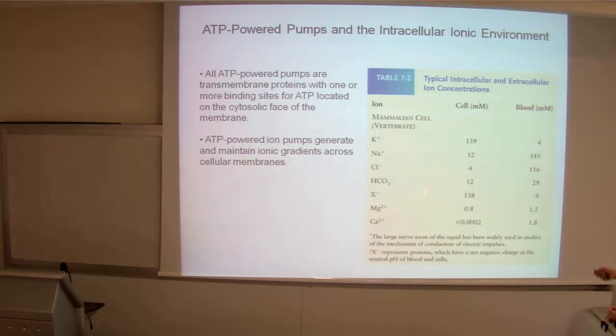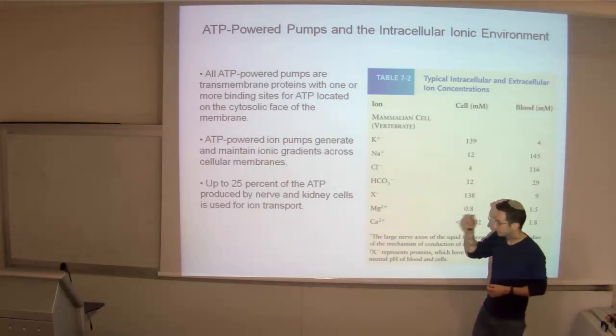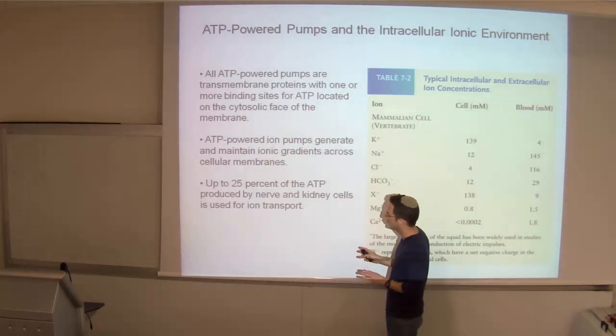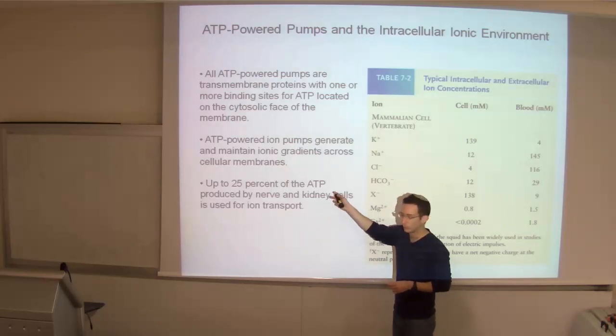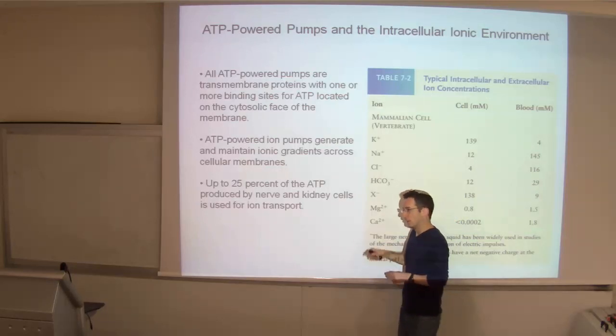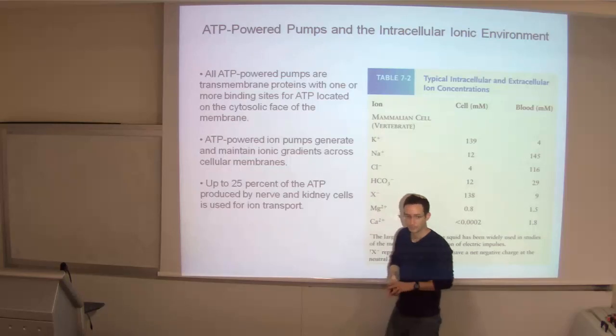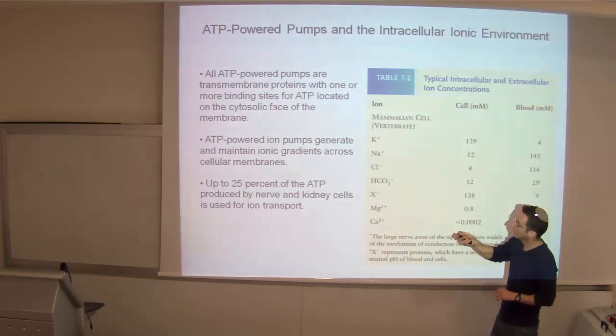And the parameters in this table are generated and maintained by the action of ATP-powered pumps. To appreciate how essential this process is for cells, look at this fact: up to 25% of the ATP produced by nerve and kidney cells, which have a lot going on in the plasma membrane, is used for ion transport by ATP-powered pumps.